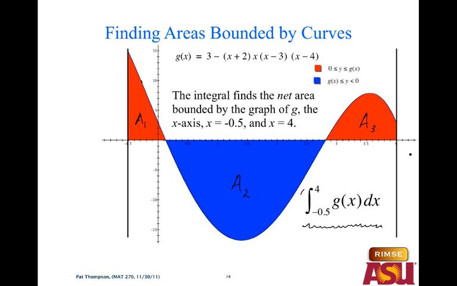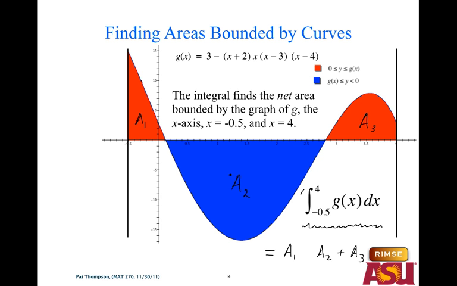How would I write this expression in terms of A1, A2, and A3? Could you use A1 and A2 and A3 to write an expression that's equal to this integral? What would it be? A1 plus A2 plus A3. A1 minus A2 minus A3, or plus A3. So which is it? A1 minus A2 plus A3.